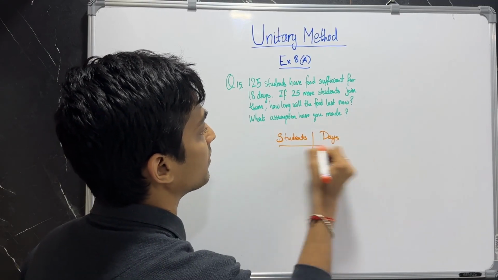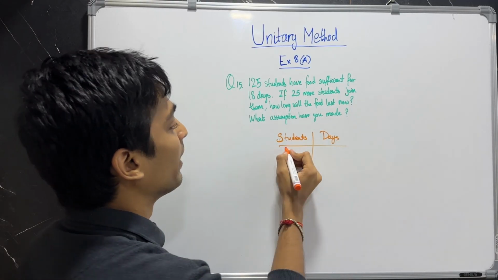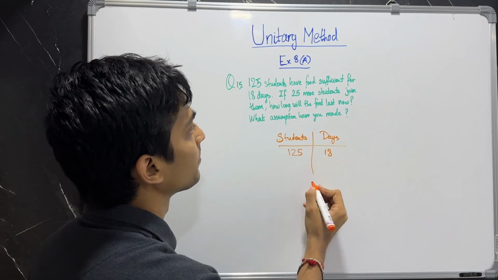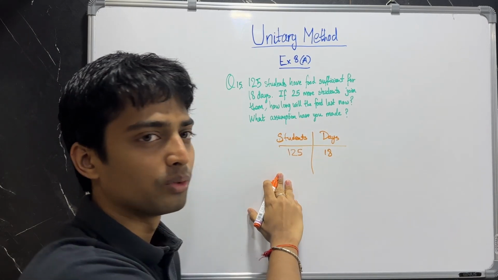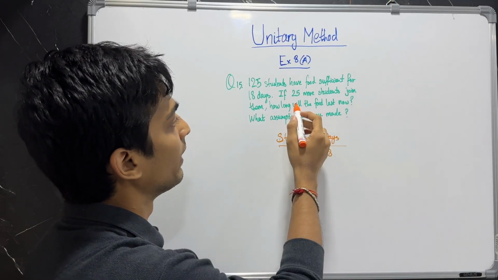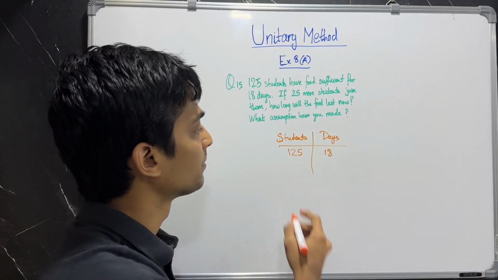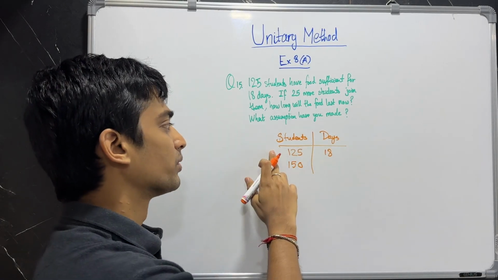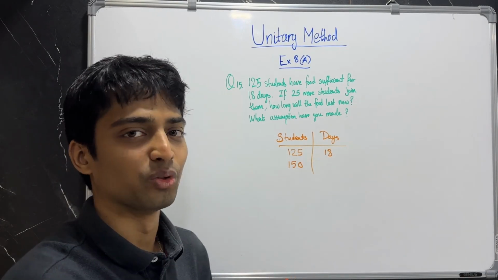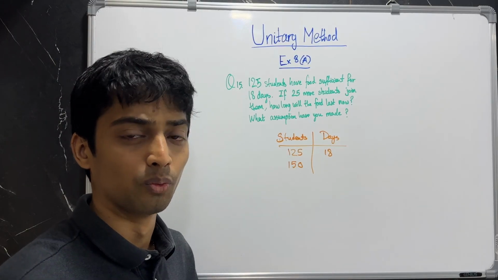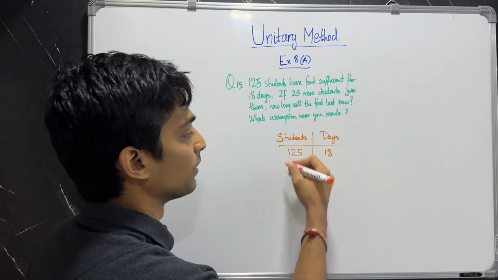Simple table. 125 students, 18 days. So for 125 students, the food will last 18 days. Now 25 more students join, so total students becomes 150. Since the students have increased, days will reduce because food will get over quickly if there are more students who are eating. So it's an inverse variation.